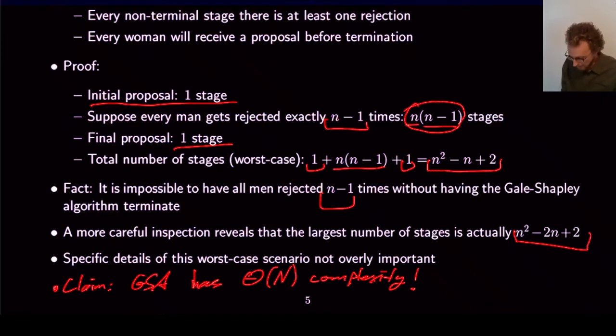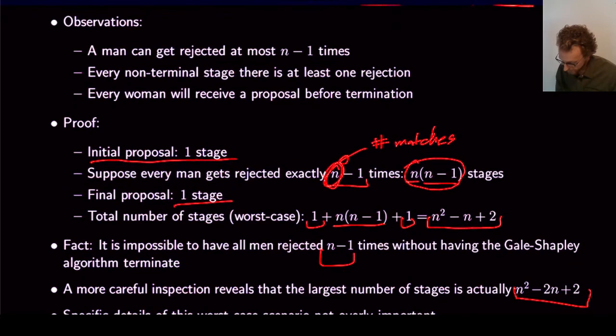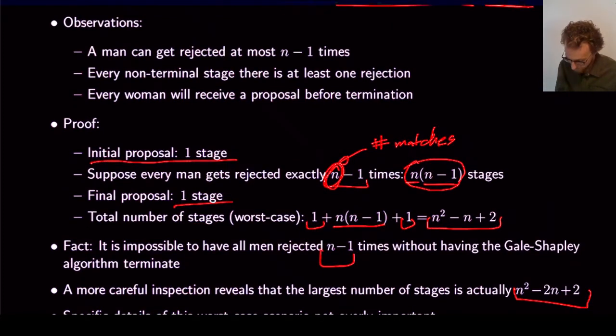So this little n means something other than the size of the input. This little n is the number of matches, which is really the size of the output. It's not the size of the input. What's the size of the input? Well, the size of the input is actually 2n squared.